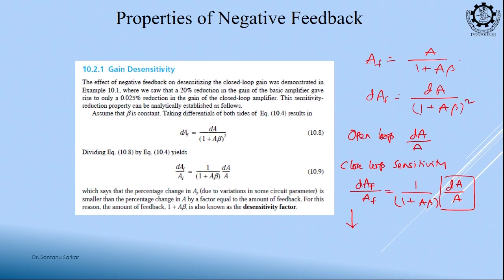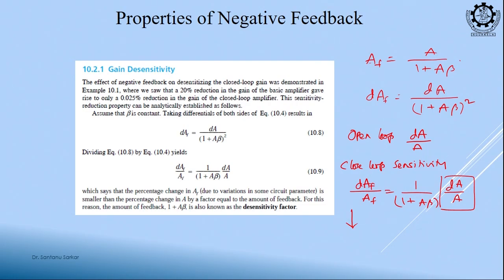If there is any change, that will affect us less, right? If there is any change in the parameter, that will not change the gain in a big way, because our sensitivity is getting reduced by the utilization of what? Negative feedback. So, negative feedback is helping us to reduce the sensitivity.